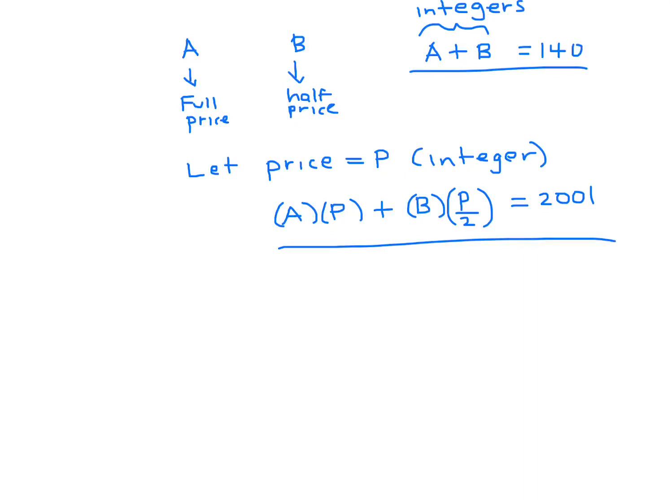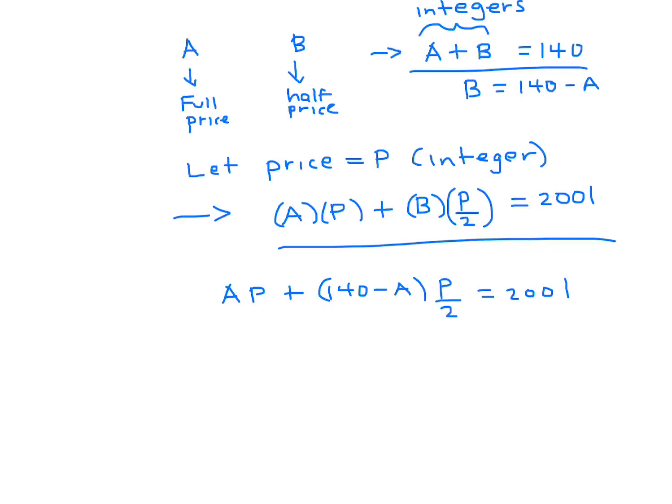So A times P plus B times P over 2. From the equation up top, I'm going to isolate for B. That'll give you 140 minus A. And then I'll put that in this equation. So we have A times P plus (140 minus A) times P over 2 is equal to 2001.